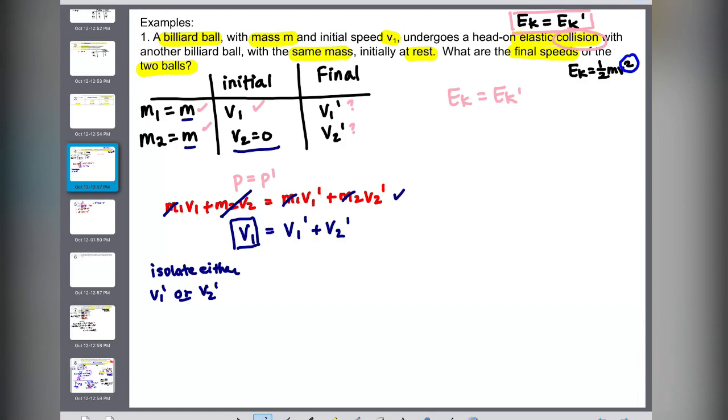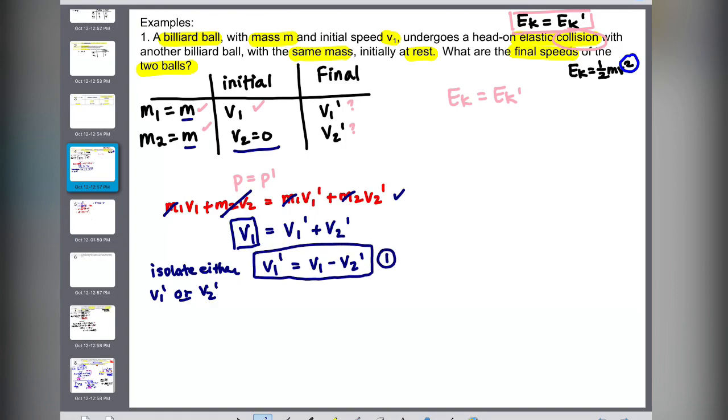It's up to you. Sometimes it's good if they have numbers, you might just want to clean up one so that you don't have to deal with the numbers in the FOIL, but it all will work out the same. So I'm just going to rearrange the equation for v1 prime in this case. So v1 prime is v1 minus v2 prime. So this is equation number 1.